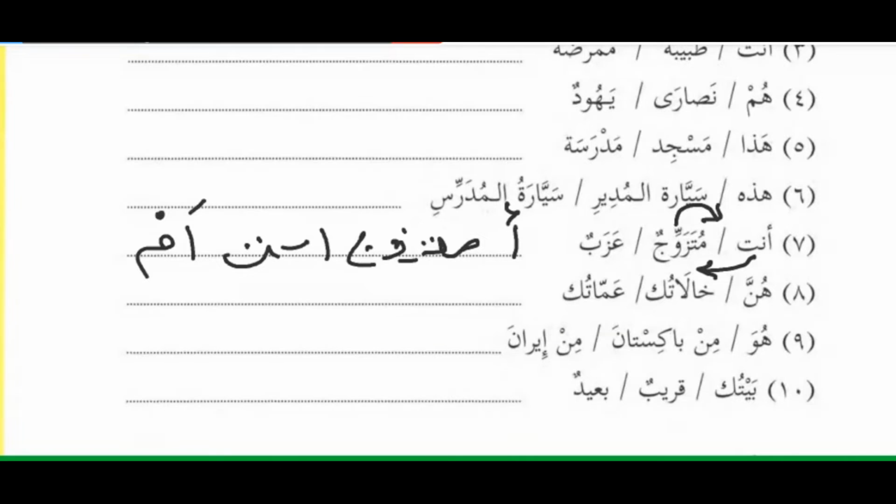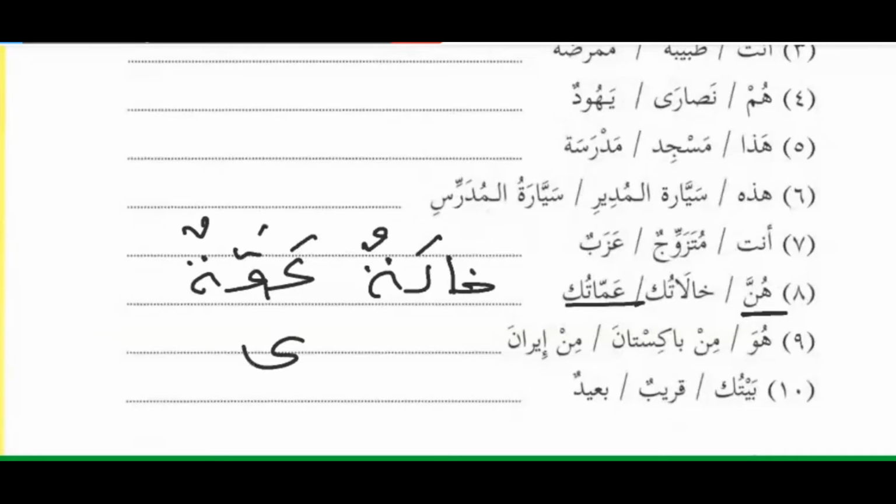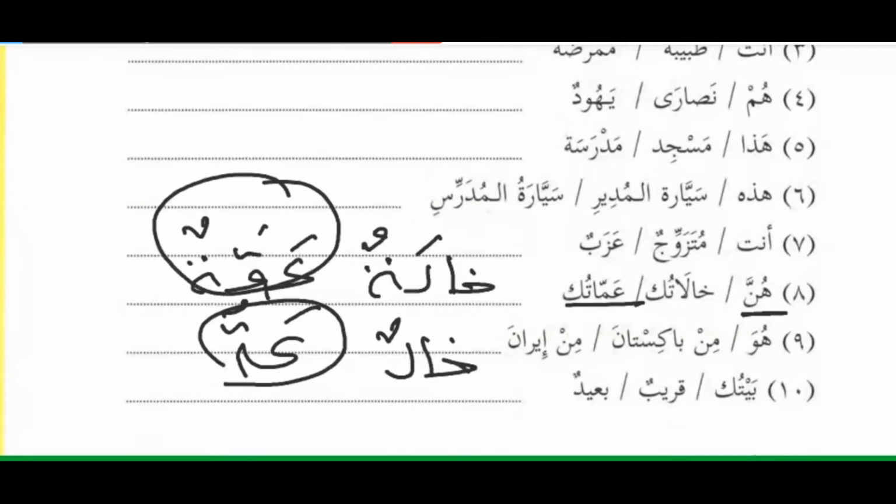Hunna khalatuka ammatuka. Khalat and ammat: like we have amm and khal, then we have khala and amma. What is the difference between amm and amma? Amm is uncle, and what is amma?